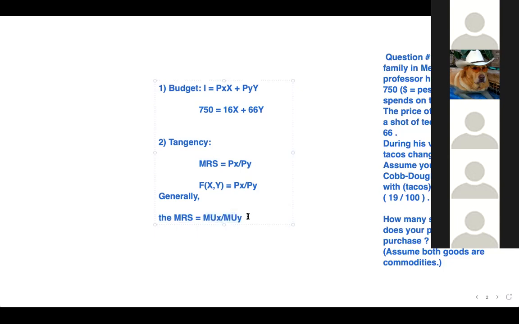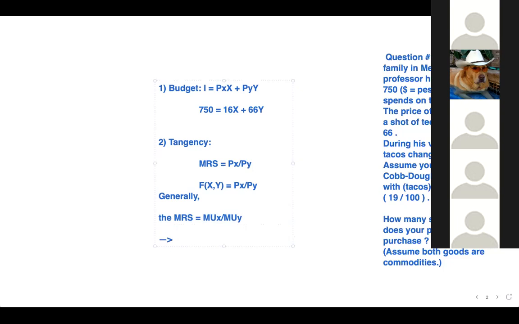But it turns out that one of the reasons why we use Cobb-Douglas is that it's a very useful utility function, meaning that it has wide application in a lot of economic models out there.